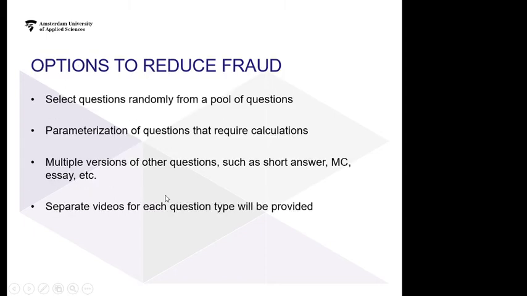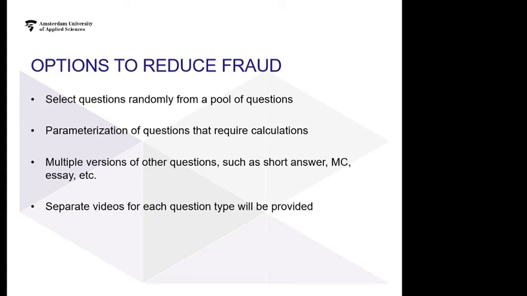Now, there are some measures we can take to reduce fraud during a particular exam, and that is to rely on randomizing the questions that students see. This requires multiple versions of questions, so that students don't get the same questions.